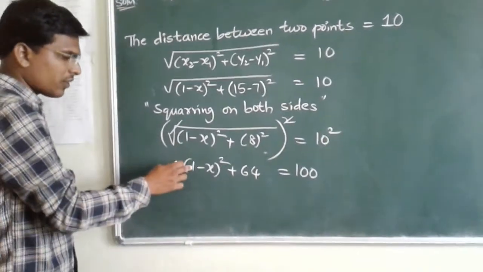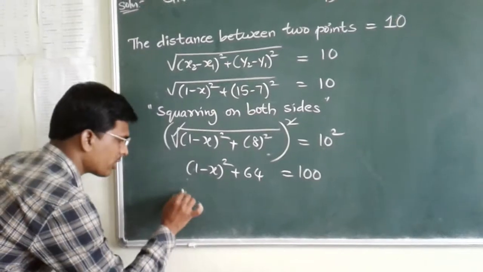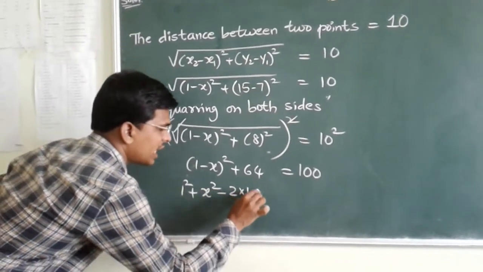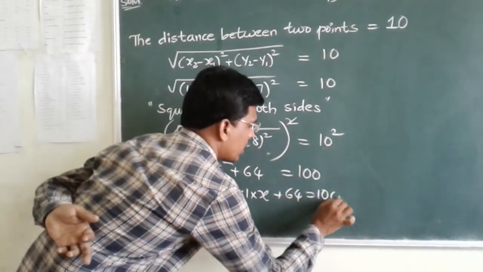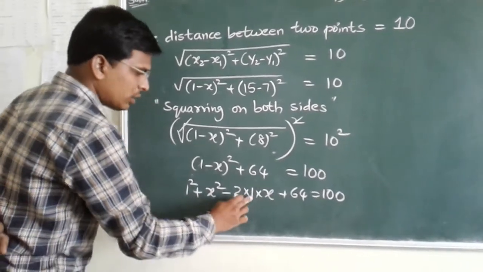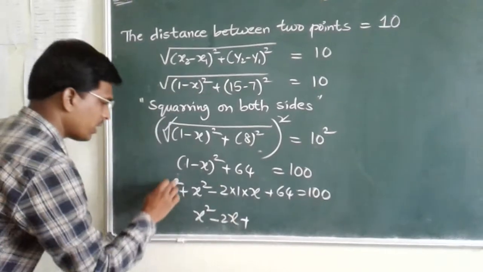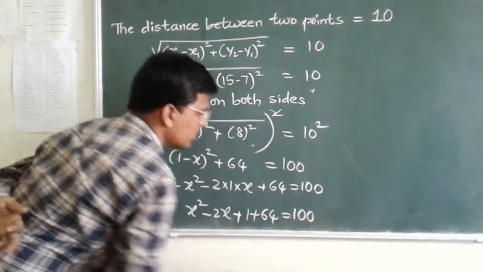Okay. So now apply the (a minus b) whole square form. So a square plus b square minus 2ab, plus 64 is equal to 100. So x square minus 2 into 1 into x, minus 2x, plus 1 square, value 1, plus 64 is equal to 100.